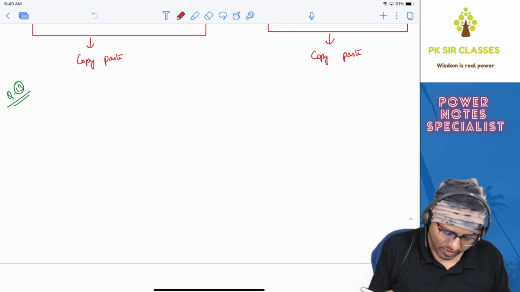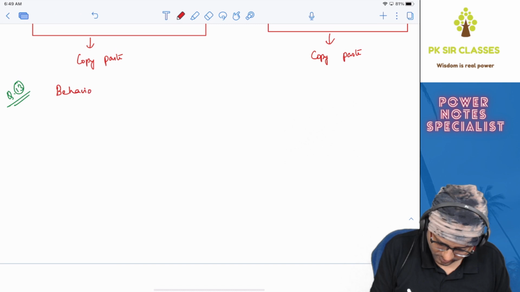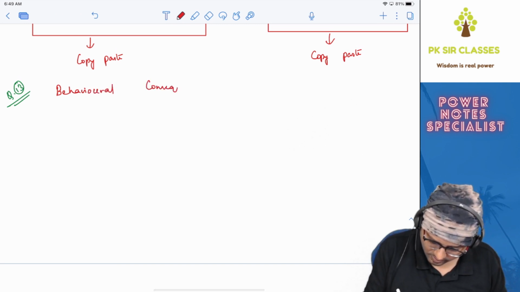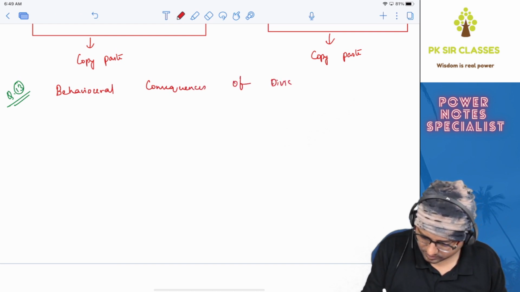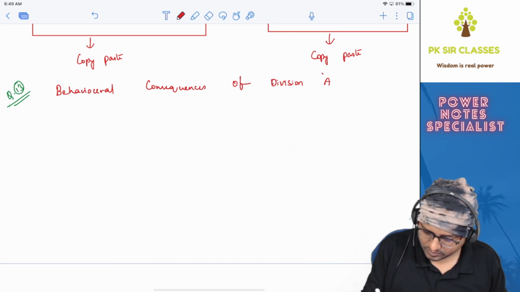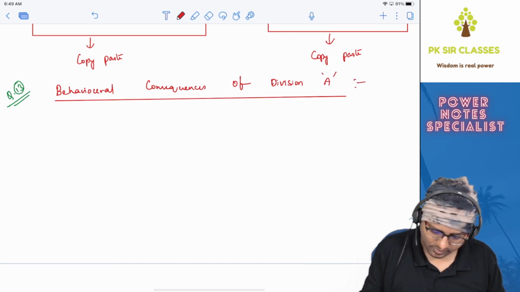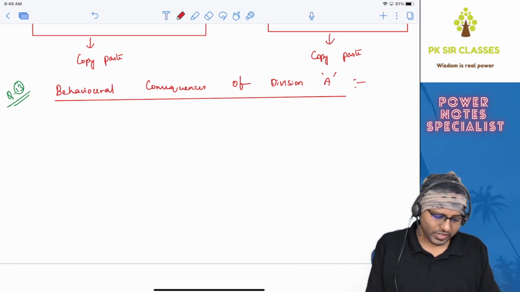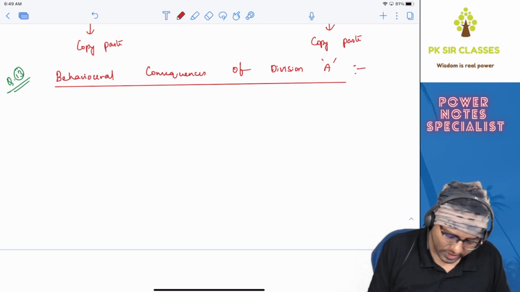Okay, first one is behavioral consequences of division A. Write along with me. That is what he has asked, behavioral consequences of division A. So if you look at the question, what is happening?